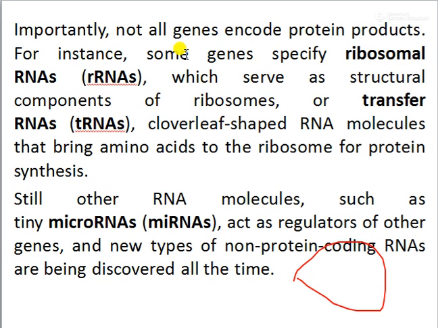Importantly, not all genes encode protein products. For instance, some genes specify ribosomal RNA, which serves as a structural component of ribosomes, or transfer RNAs, which are clover-leaf-shaped RNA molecules that bring amino acids to the ribosomes for protein synthesis. Basically, these RNAs are also formed by the DNA, but their function is not to carry the message.